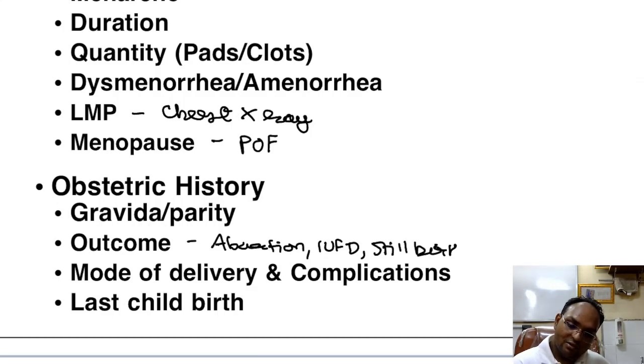ডিফারেন্স ইজ IUFD এ পিরিয়ড অফ জেস্টেশনটা কমপ্লিট হয়ে যাবে, মানে একদম তোমার 20 উইক্সের পরে হবে। অ্যাবর্শন বিলো 20 উইক্স হবে, এখন ওরা 24 উইক্স ডেফিনেশন চেঞ্জ হচ্ছে। যাই হোক, মিনিমাম পিরিয়ড অফ জেস্টেশন যেটার আগে 20 বা 24 উইক্স যাই বলো, তার আগে মারা গেলে অ্যাবর্শন, তারপরে হলে IUFD। স্টিল বার্থ হচ্ছে জন্ম নিতে গিয়ে মারা গেছে, দ্যাট ইজ দ্য ডিফারেন্স। Mode of delivery and complications, of course mode of delivery, whether it is by normal vaginal delivery, whether it is by cesarean section or assisted breech delivery or forceps.